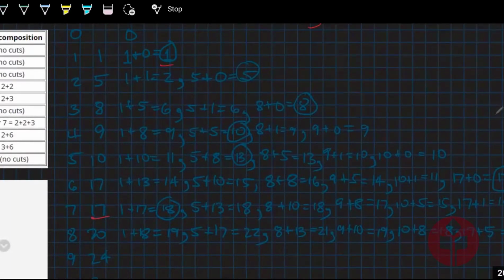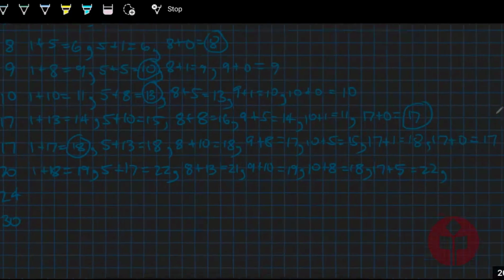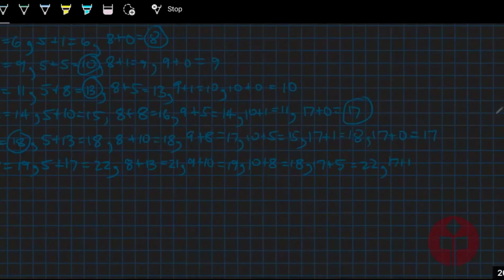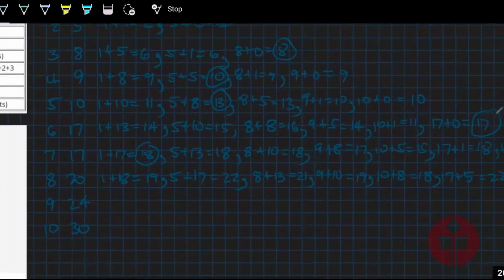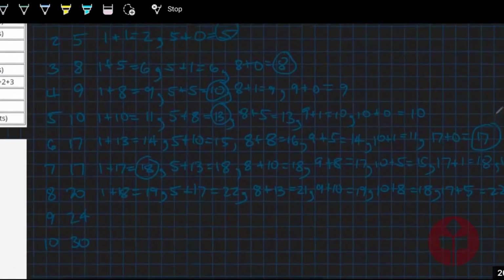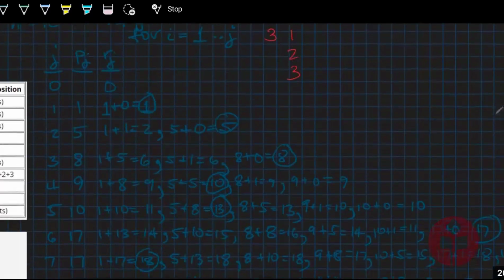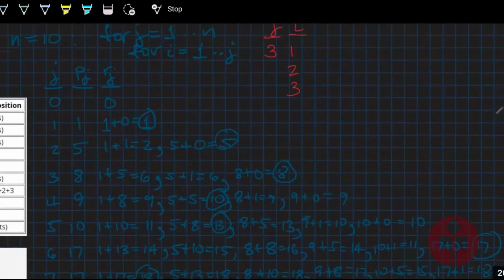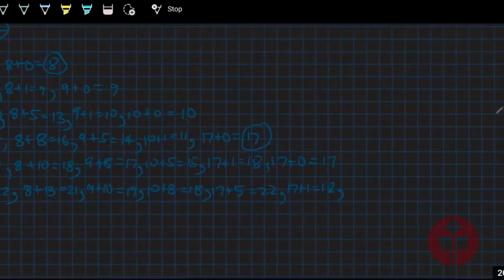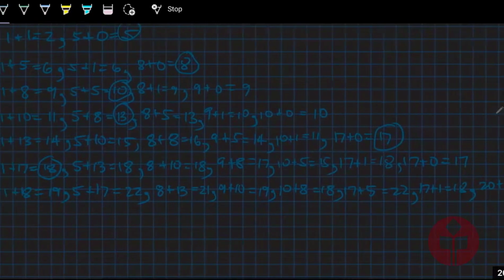So 17 plus 1. And then finally, the last sum for row 8 is going to be the 20 and the 0. So we're going to have 20 plus 0 is 20. And if we look down the line from left to right, it looks like the largest value we have is 22.